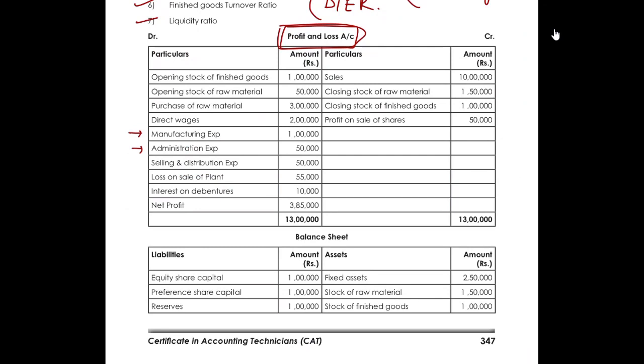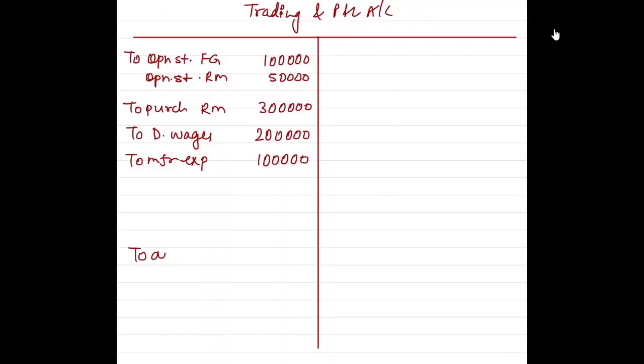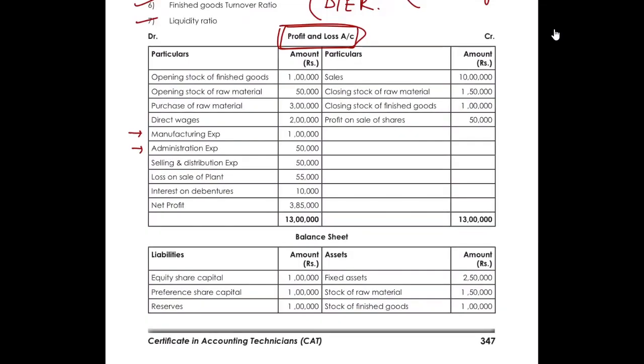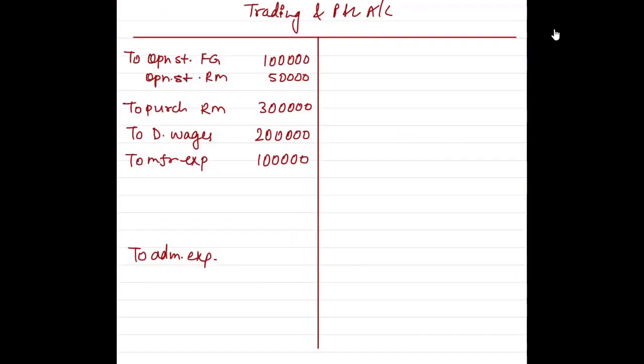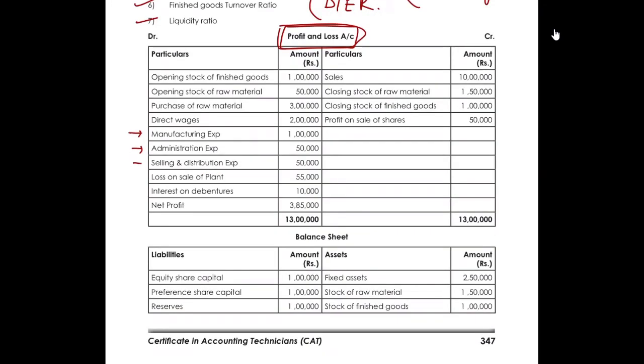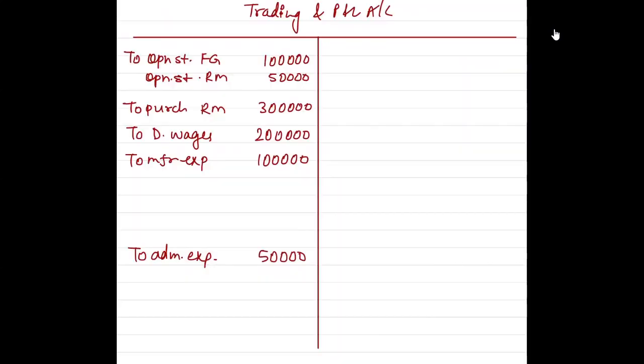Administration is never your direct expense. This is your indirect expense. So let us take it in the P&L. Administration expenses that we have is 50,000. Then we have selling and distribution expenses of 50,000.